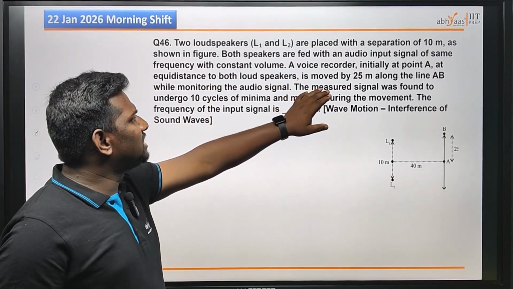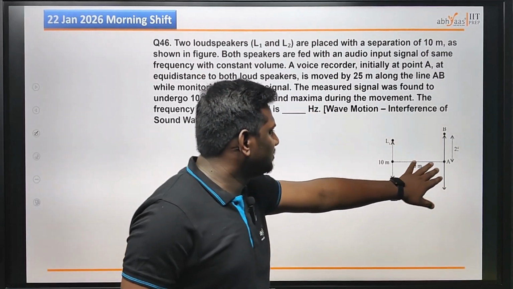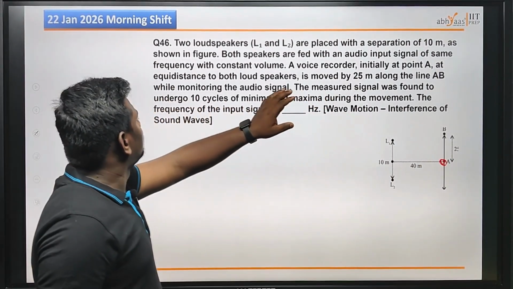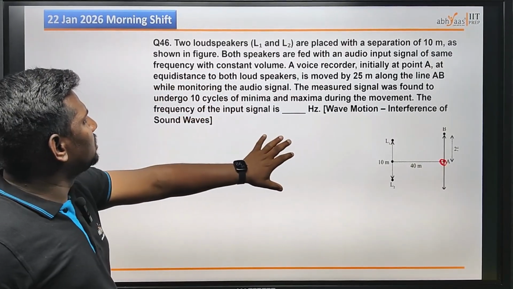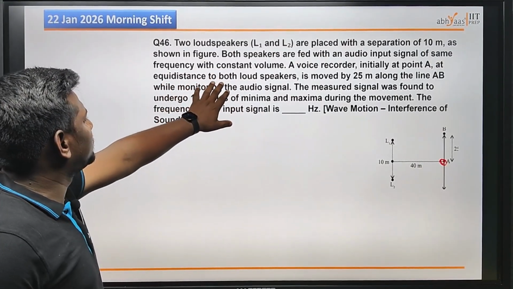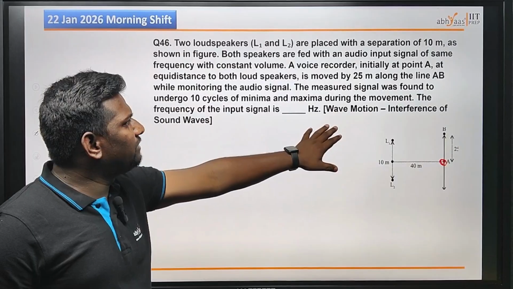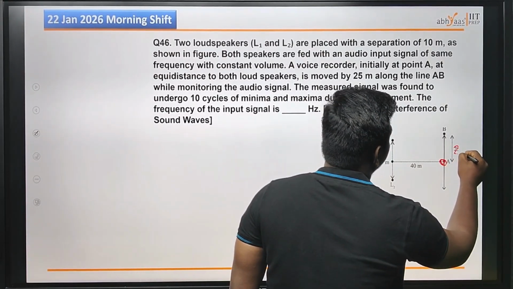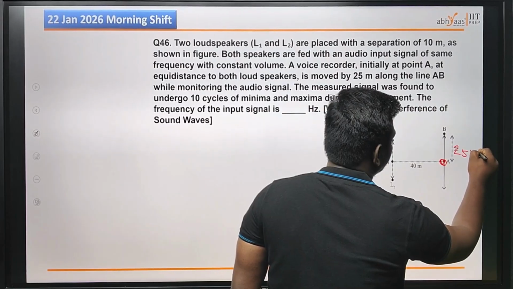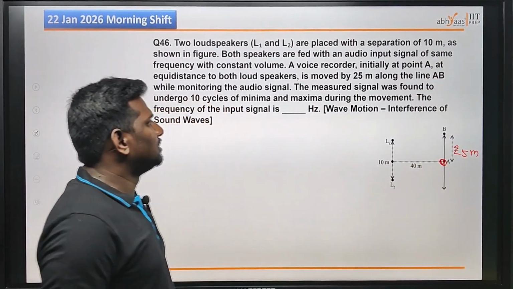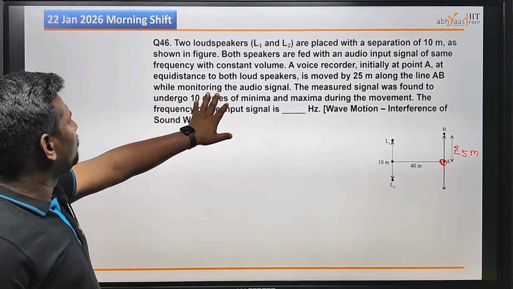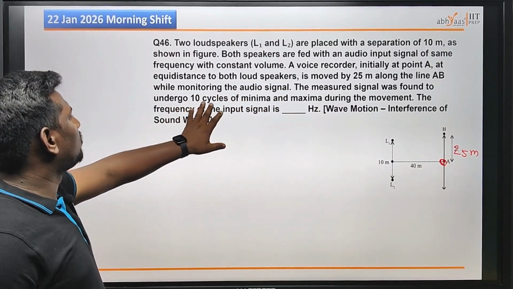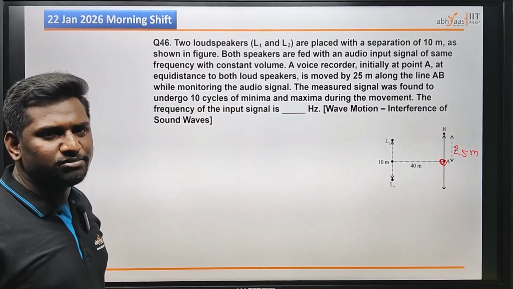A voice recorder is initially at a point A, equidistant from both speakers, and is moved by 25 meters along the AB line. While monitoring the audio signal, the measured signal was found to undergo 10 cycles of maxima and minima.